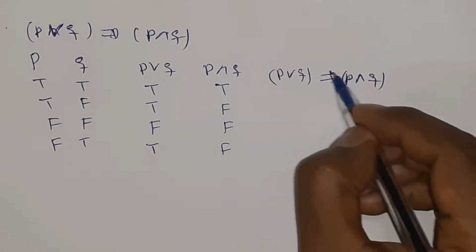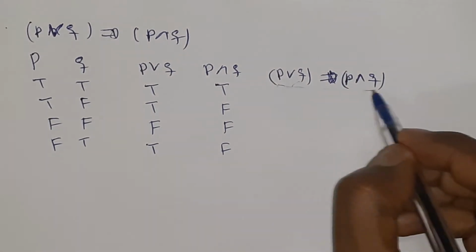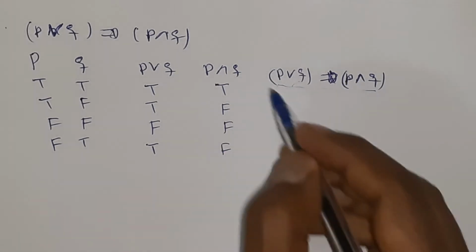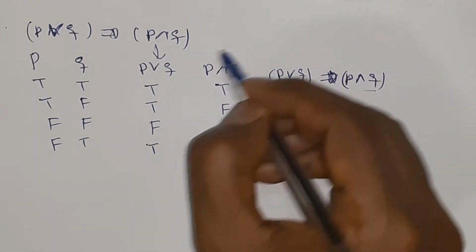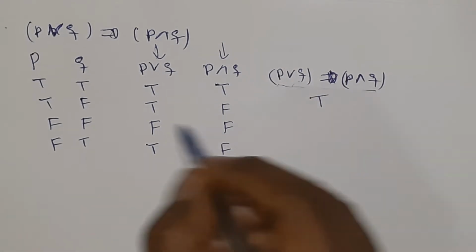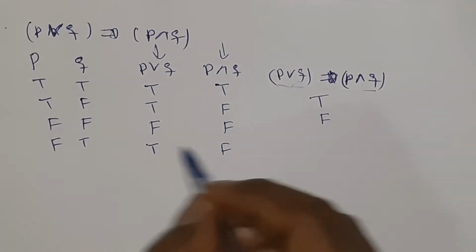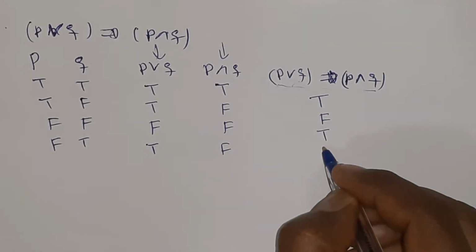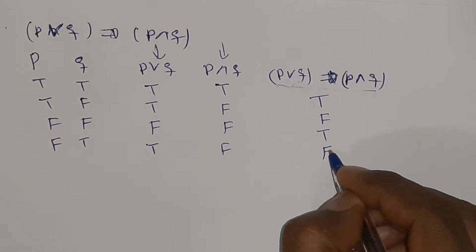So the truth value of this logical implication or this compound statement will depend on these elements. True implies true is true, and this is false. False implies false is true. True implies false is false.